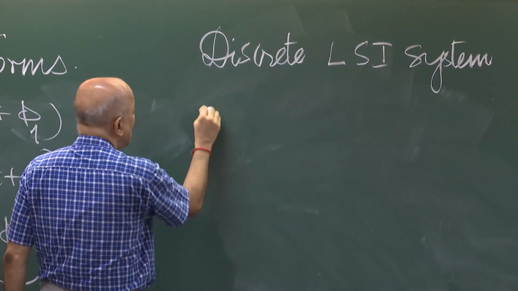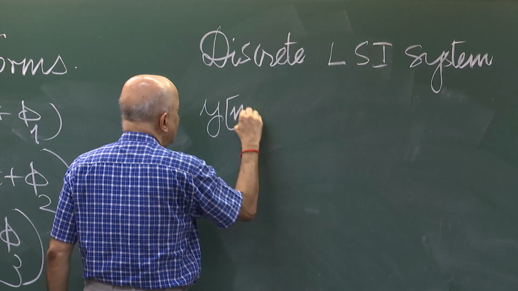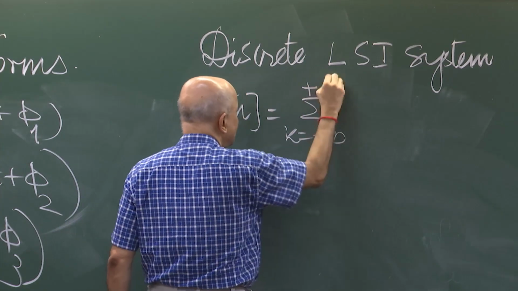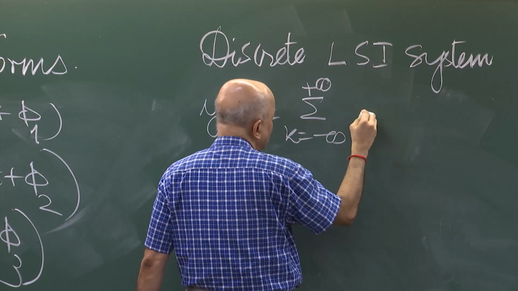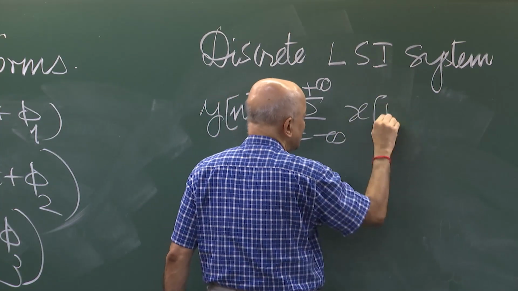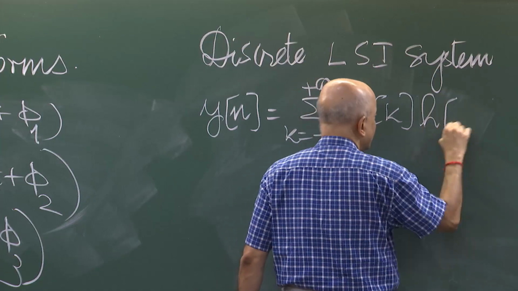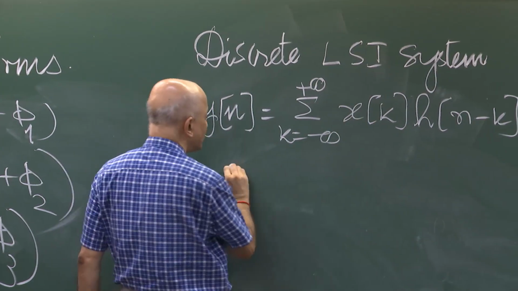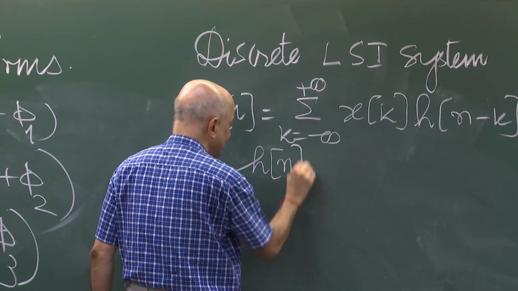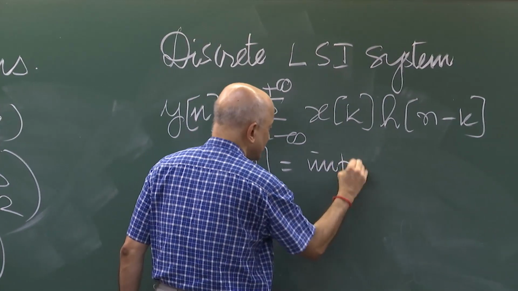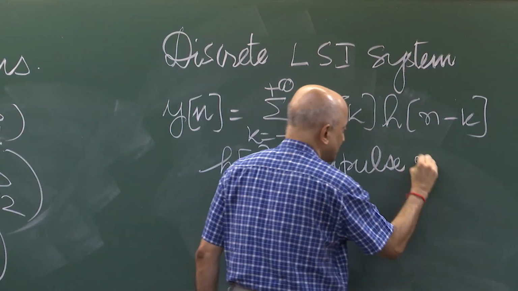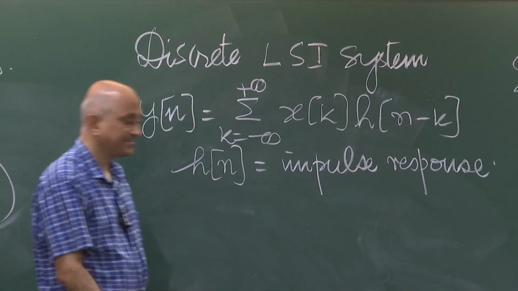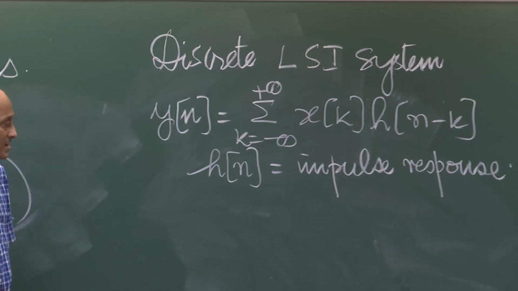We said the output y of n is equal to the summation over k going from minus infinity to plus infinity of x of k h of n minus k. Here h of n was the impulse response.